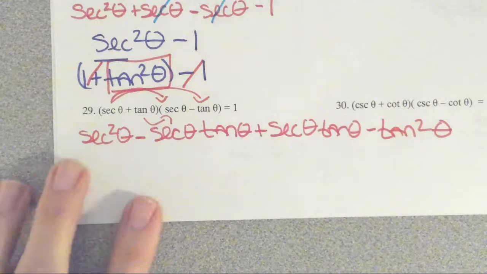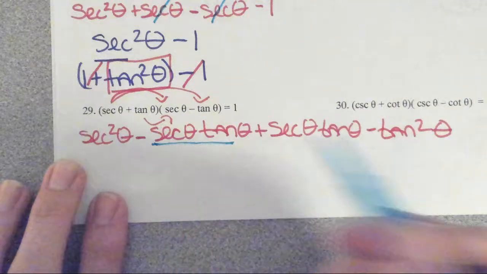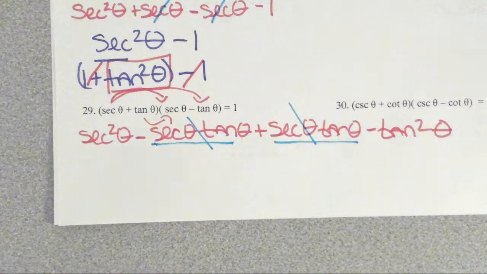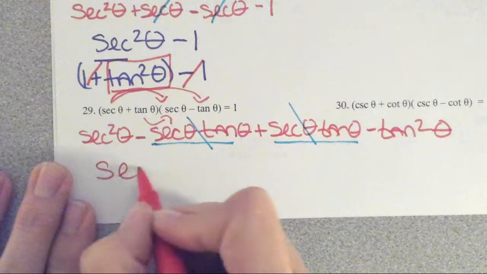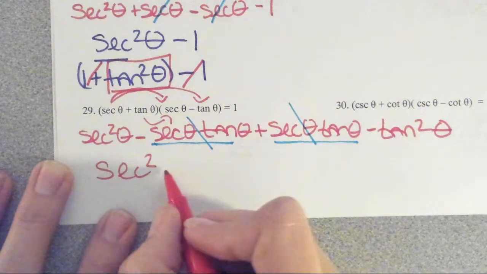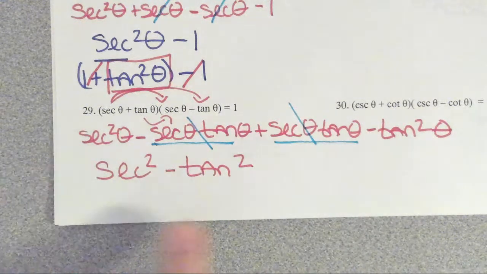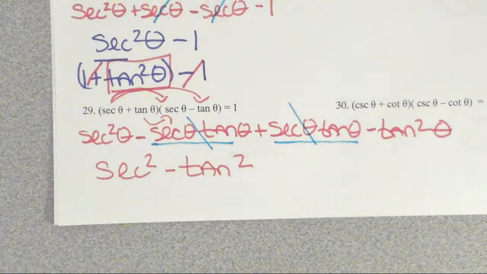All right, so let's get rid of stuff. Minus secant tan and a positive secant tan cancel out. So I have secant squared minus tangent squared. I'm thinking I tan in a second.